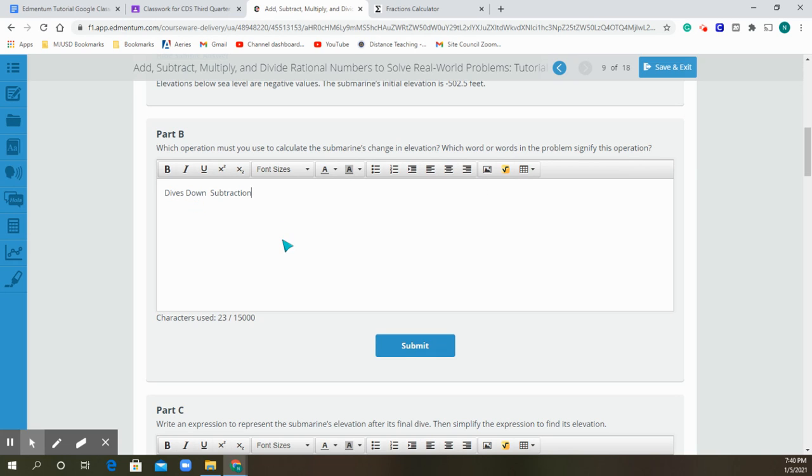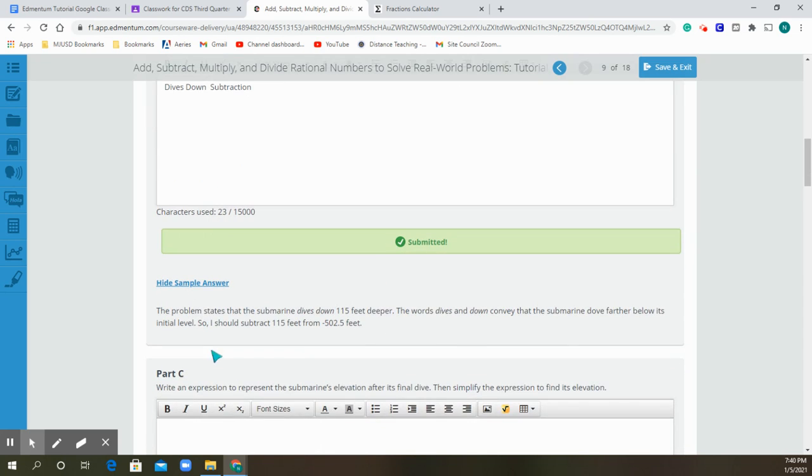Dives down. The words dives and down convey that the submarine dove farther below its initial level. So I should subtract 115 from negative 502.5 feet.